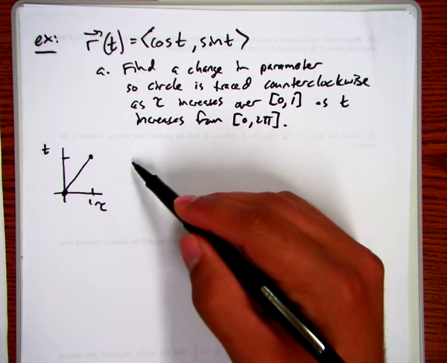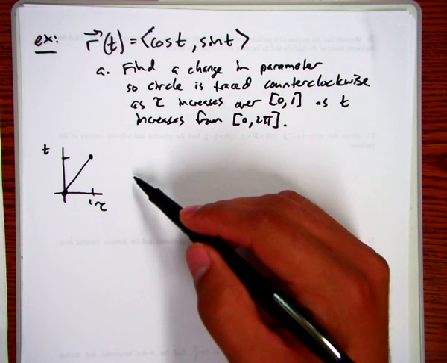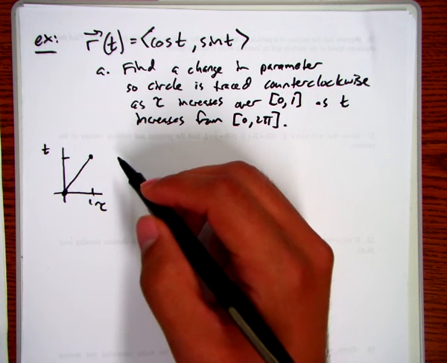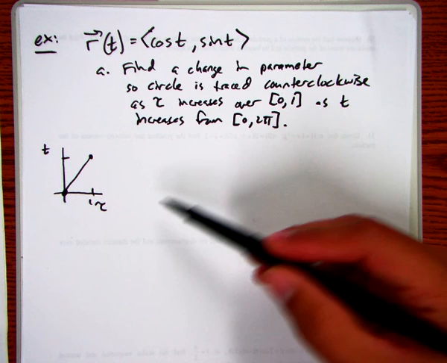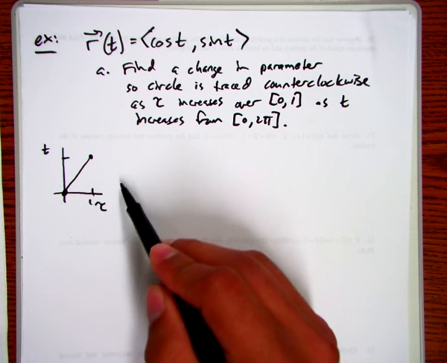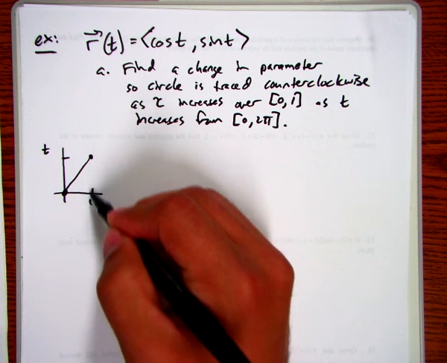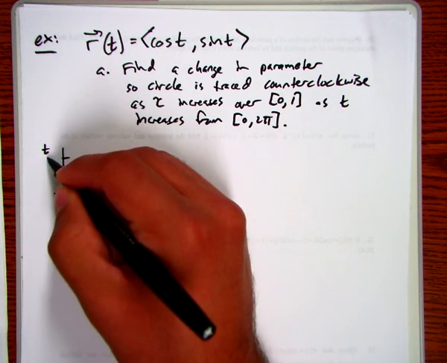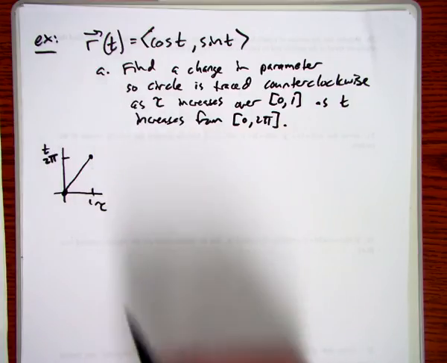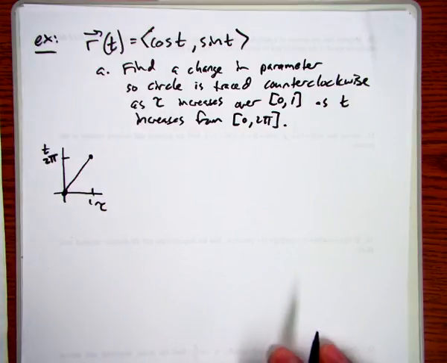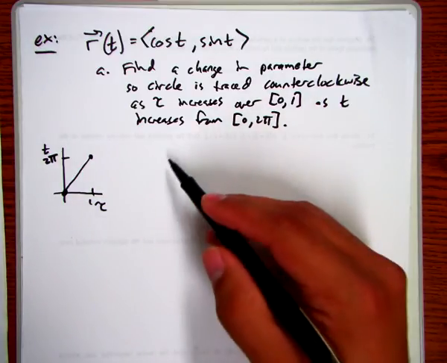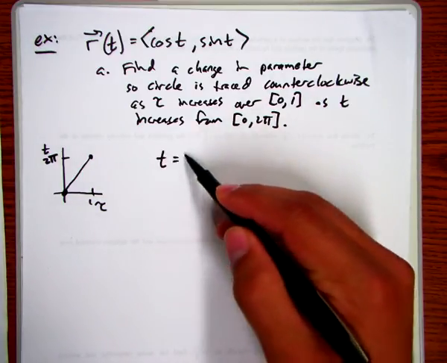What would the equation be that relates t and tau here? Oh, by the way, I forgot something. This should be when tau is 1, t is 2 pi. I forgot to label that. Okay. So what's the equation between t and tau? t equals 2 pi tau. Good.